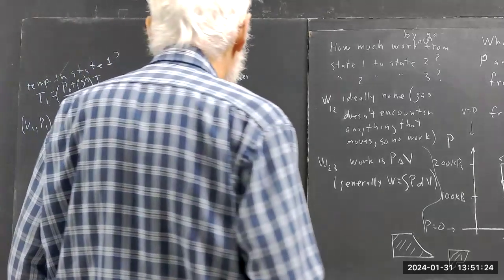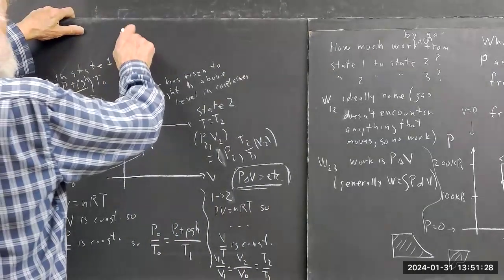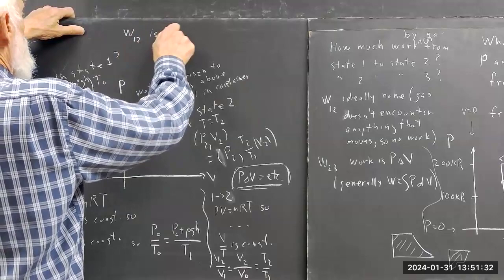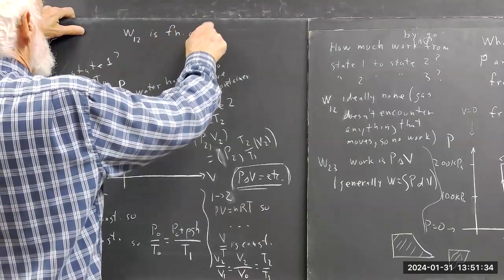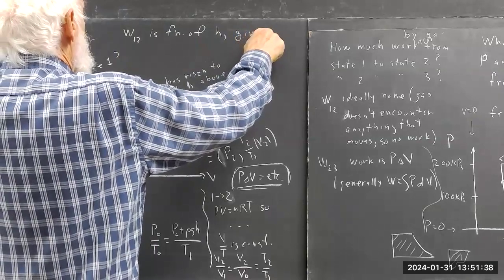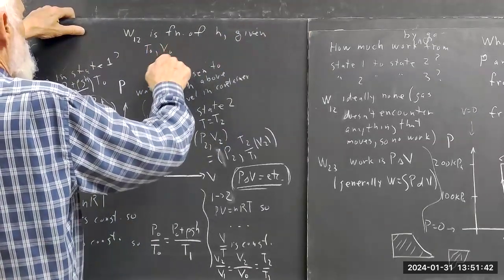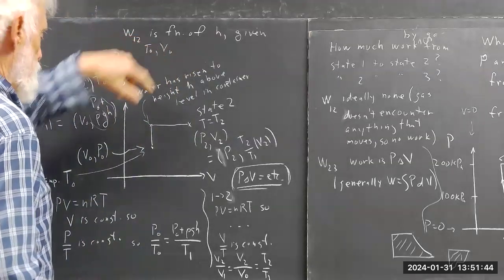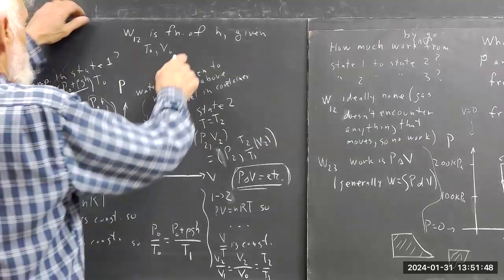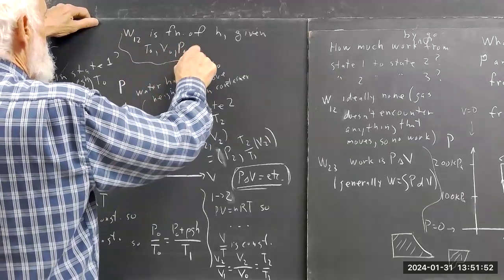So that if you're given T naught, V naught, and P naught, you know the state of the system.